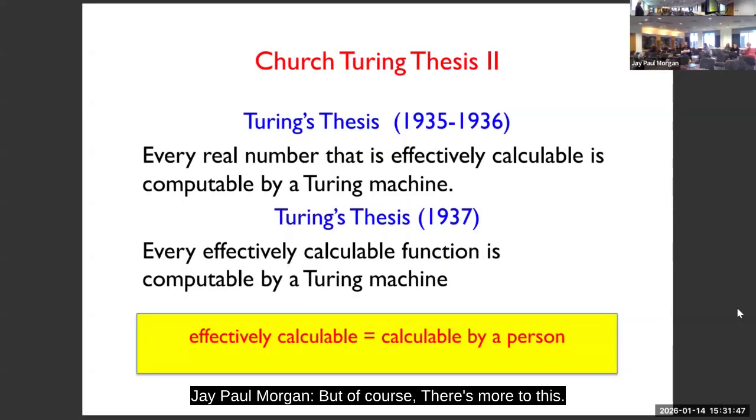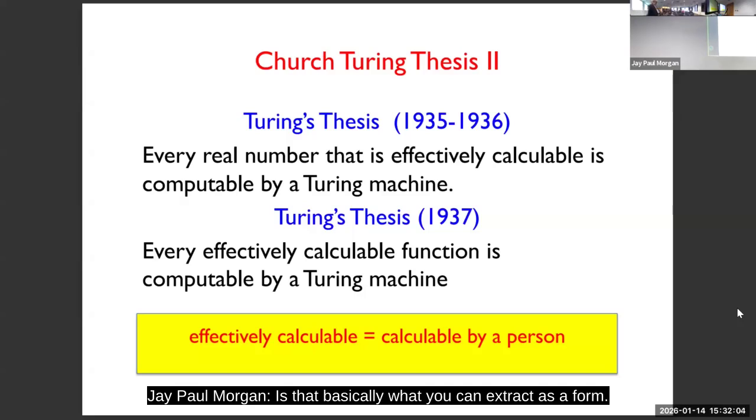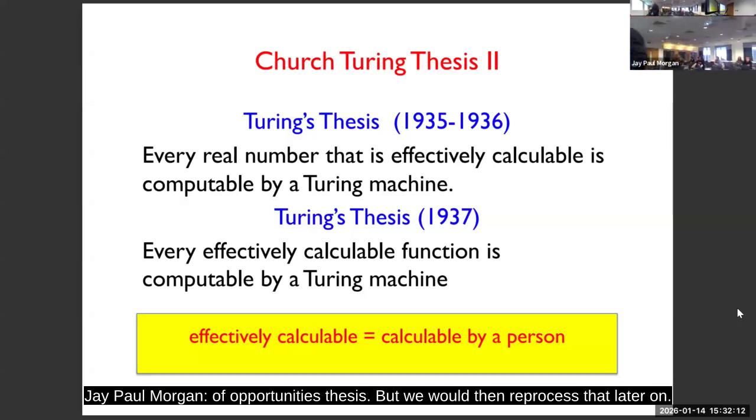But of course, there's more to this, because if you look at Turing's paper, what you have there are all sorts of things, of course, not least the model, but every real number that is effectively calculable is computable by a Turing machine is basically what you can extract as a form of Turing's thesis.